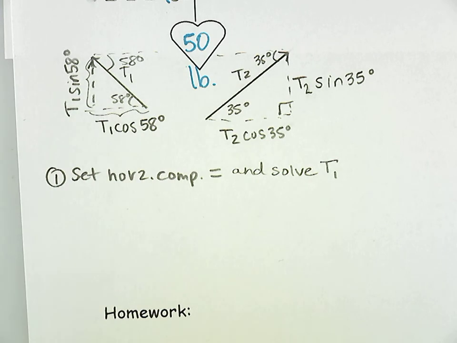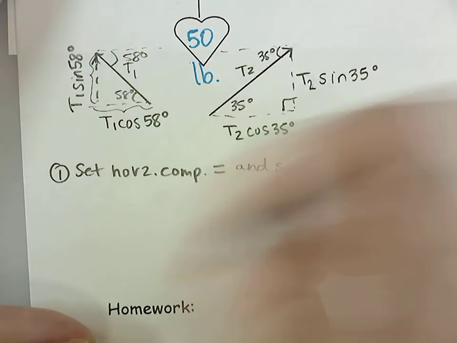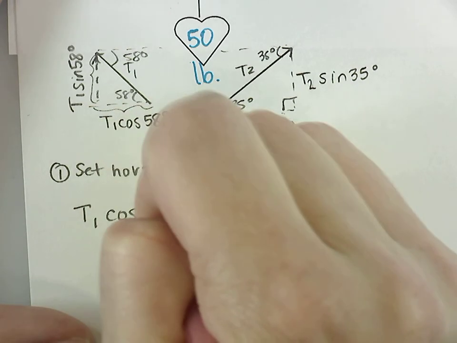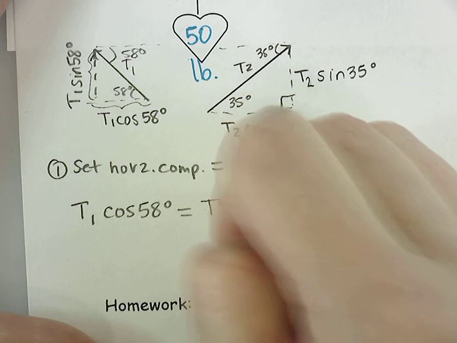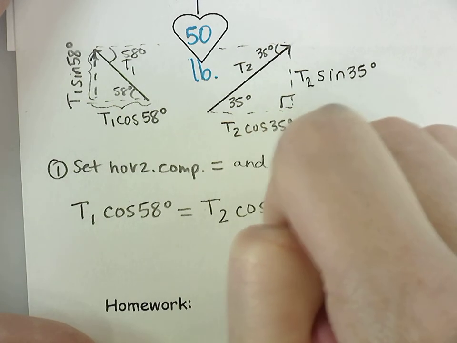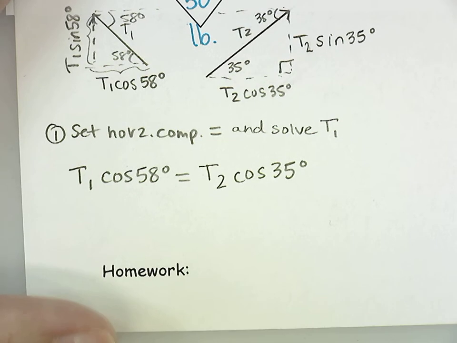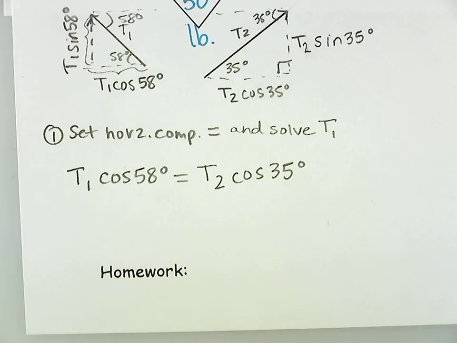So if we set my two horizontal components equal, my first horizontal component is t sub 1 cosine of 58 degrees, and that's going to equal t sub 2 cosine of 35 degrees. It can't be moving, so it has to be equal, because if the left tension was a little bit more, then the weight would be pulling towards that way. So now I'm going to solve for t sub 1.